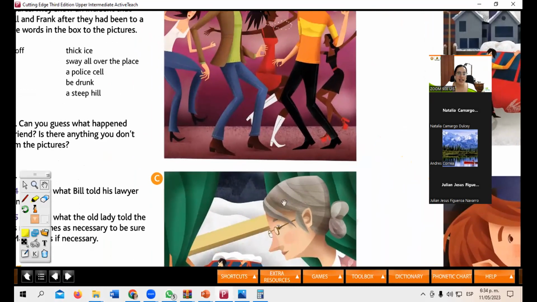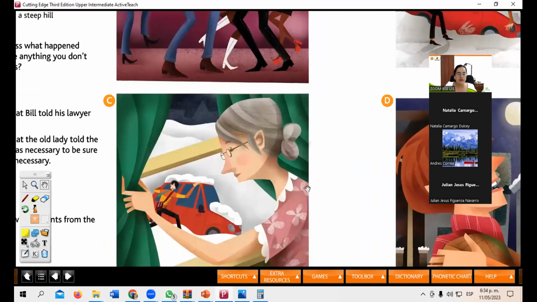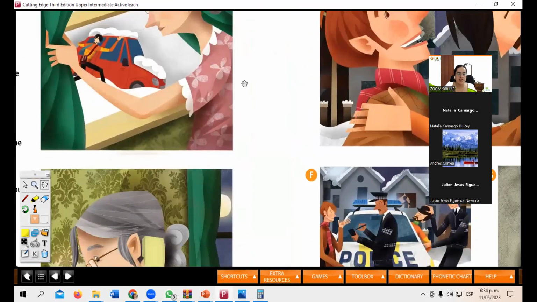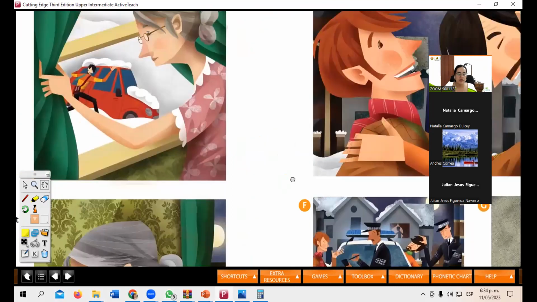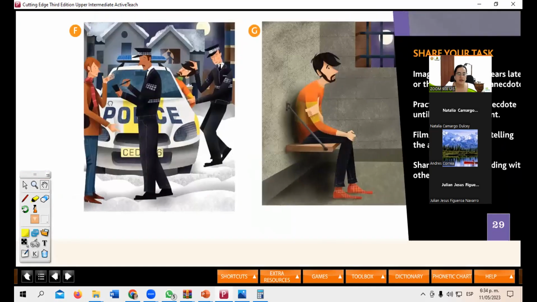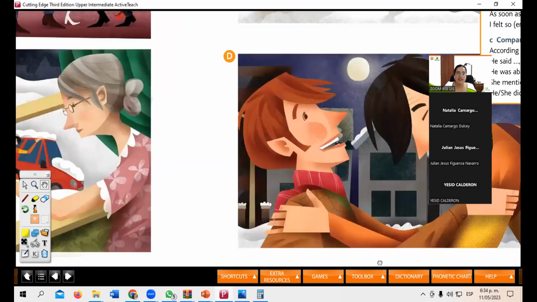A police cell. What is this? A police cell? This is a police cell. In Spanish, how do we say? ¿Prisión? ¿Celda? Yes, celda, cell.